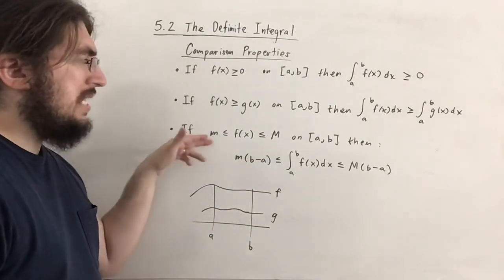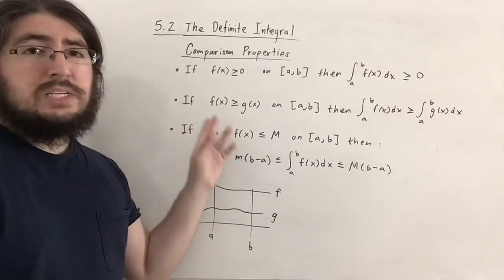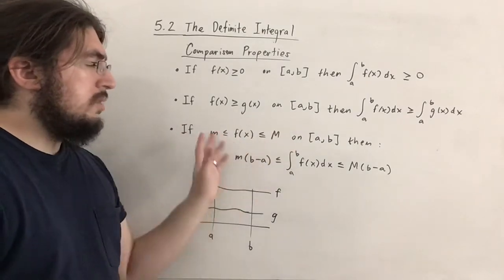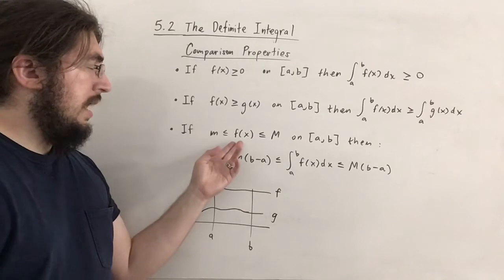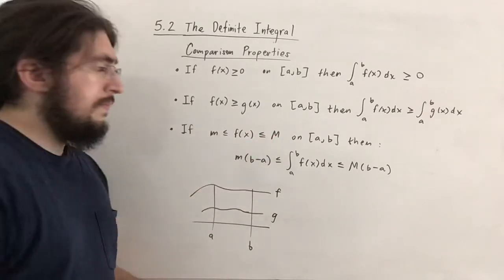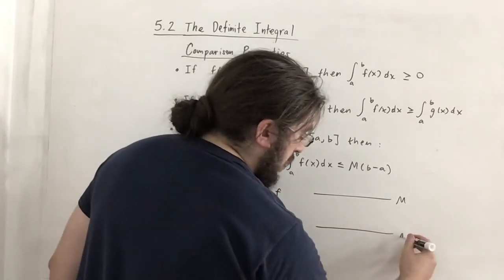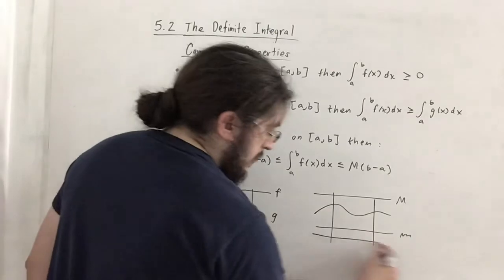And this one is kind of an application of the previous idea. If you have this three-part inequality, m is less than or equal to f of x is less than or equal to capital M, we basically have these so-called bounds, upper bound and lower bound, of a function f in the interval a to b.